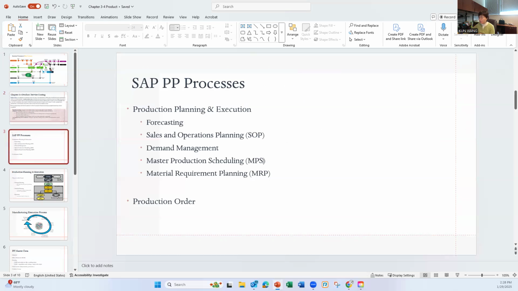And now let's look at, under the SAP, how many key processes there are in their production planning and execution function.